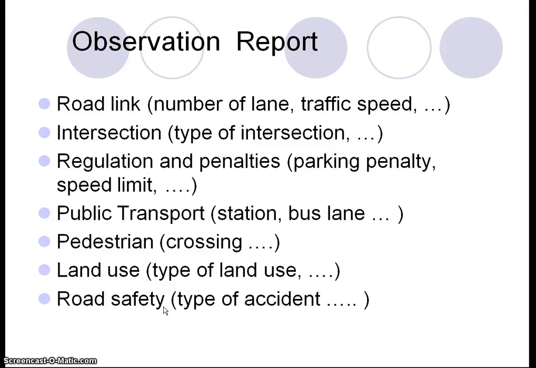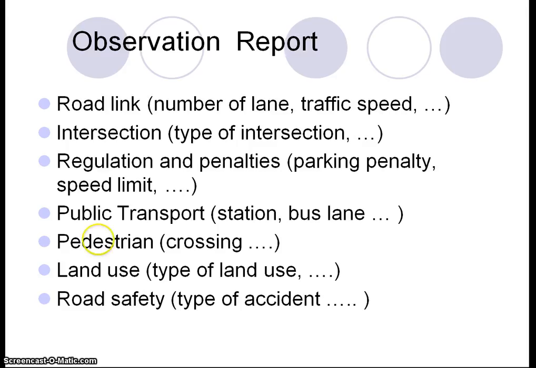And in our observation report, we can write something about the road link, number of lane, the traffic speed roughly, and then the intersection, type of intersection, regulation, public transport, the station, bus lane. Sometimes the bus station is quite far from the people, no bus lanes, pedestrian crossing, and we can get what the people say about that pedestrian area.